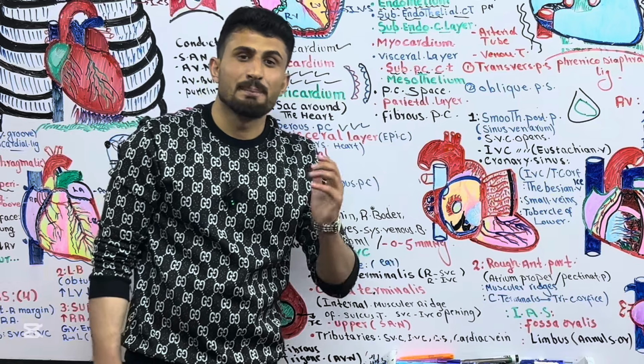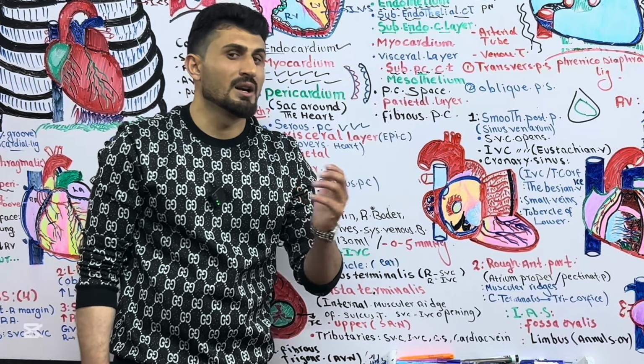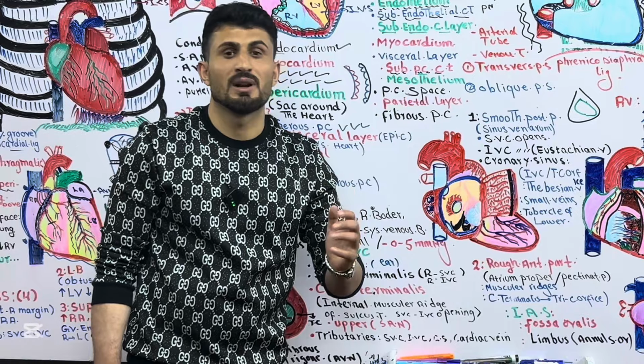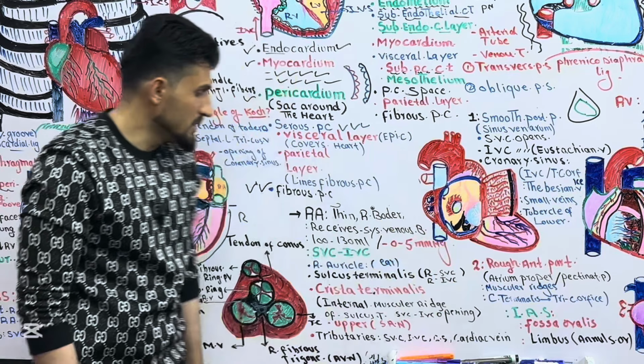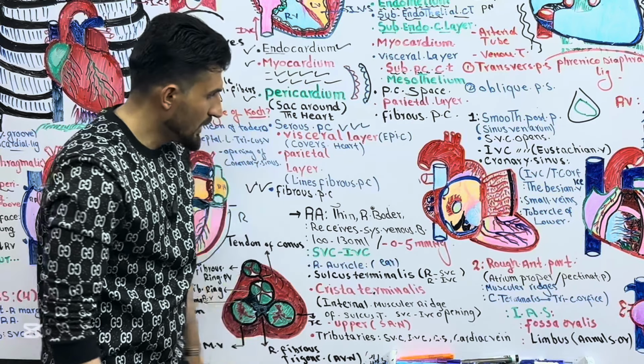It generates impulses, depolarization and repolarization of the heart, causes contraction of the heart, and causes production of the heart rate. We'll talk about it later. So this is one important anatomical point.